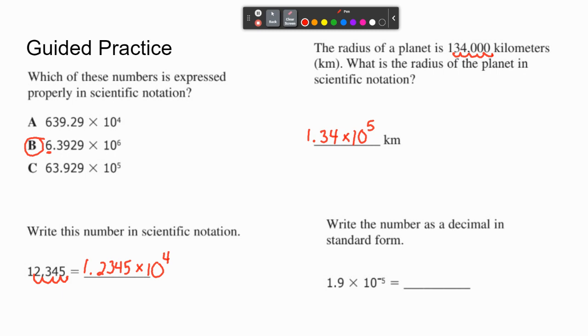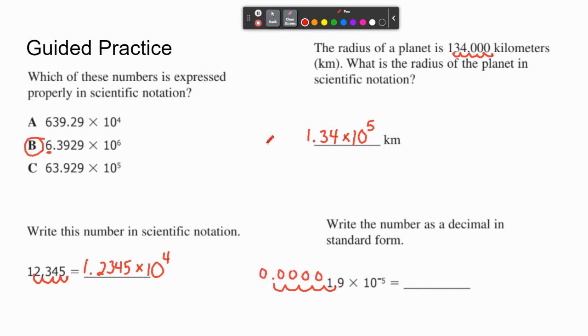The last example says write the number as a decimal in standard form. So in this case, I had to move my decimal 5 places, but if you see that exponent is negative, which means I'm writing a really little number here. So I'm going to be moving my decimal 5 places to the left to get back to where it was. 1, 2, 3, 4, 5.